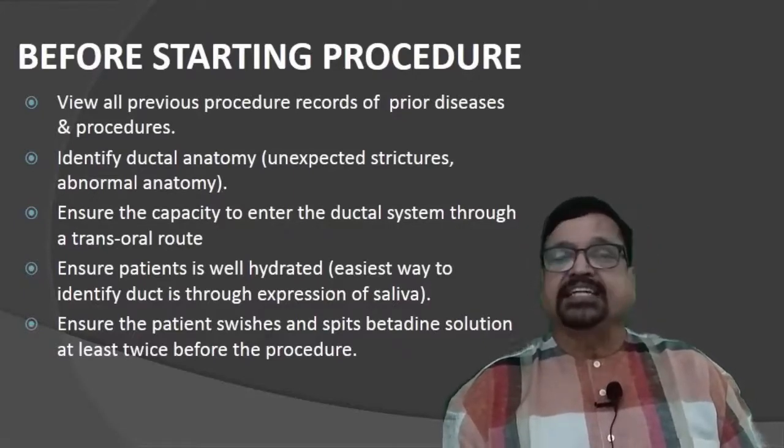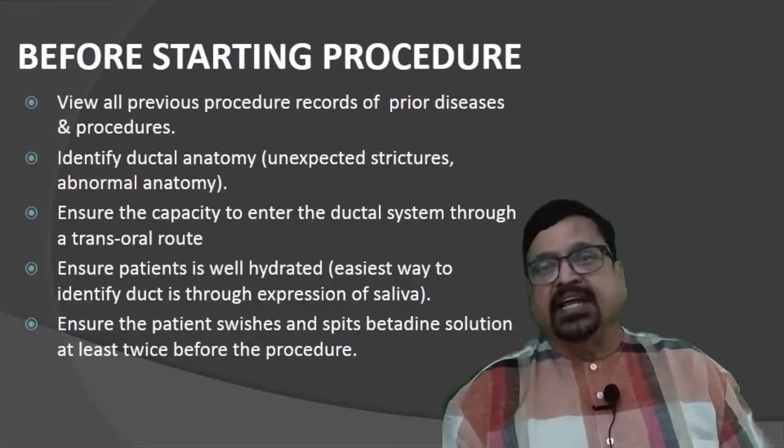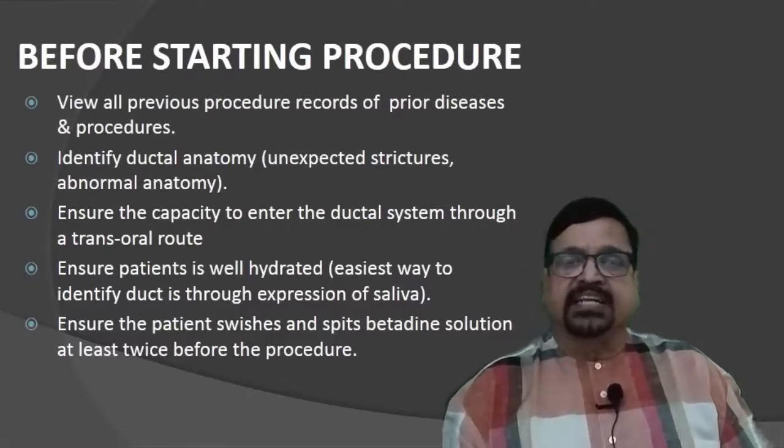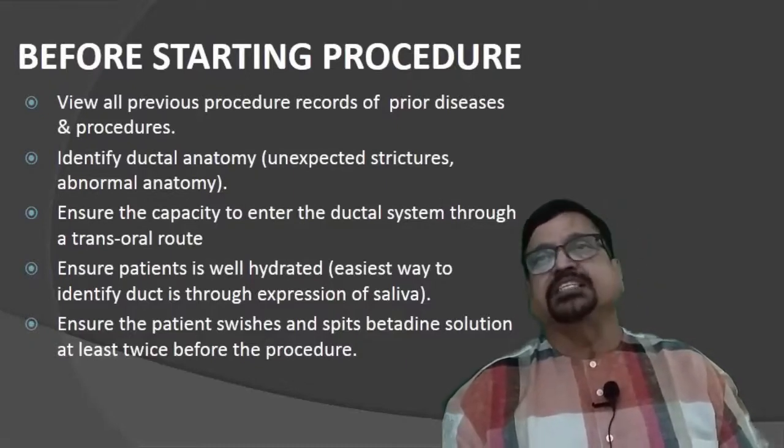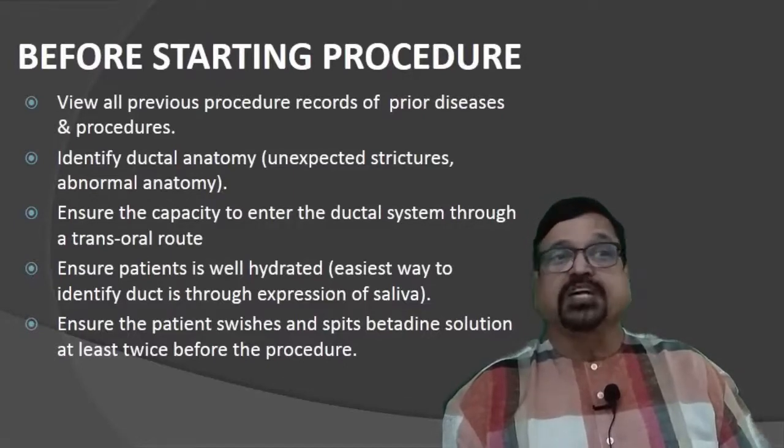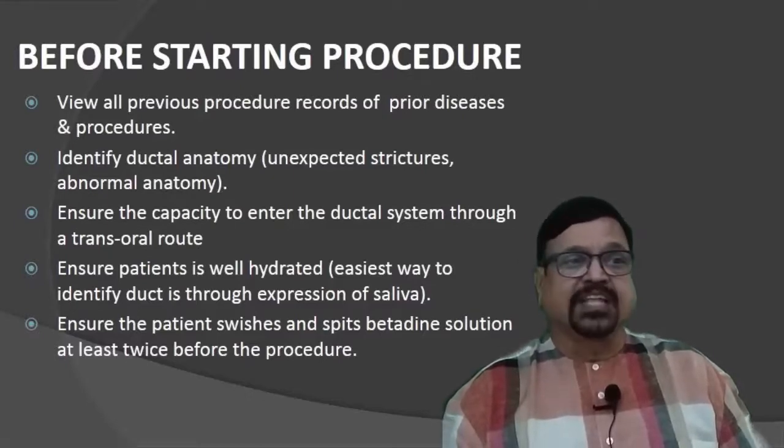Then identify ductal anatomy, unexpected strictures, abnormal anatomy, abnormal opening of the duct. Yes, we have to keep in mind, but by and large it's not really significant. Some congenital anomalies we have come across are reported in the literature. They are available as per the details at the beginning of the lectures.